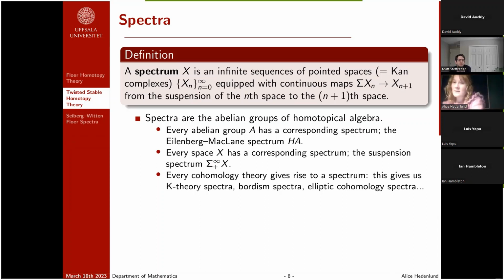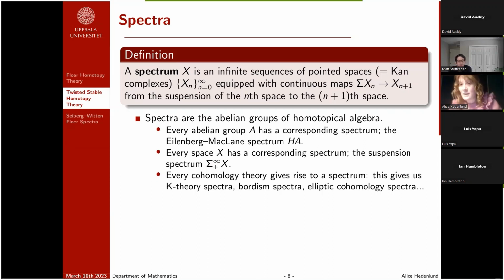In particular, and I think this is an important point, every cohomology theory that satisfies the Eilenberg-Steenrod axioms will give rise to one of these objects via Brown's representability theorem. So in this way, you get access to different types of K-theory spectra.